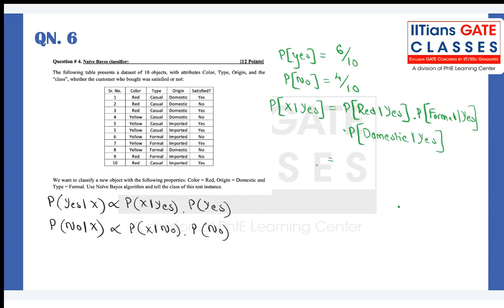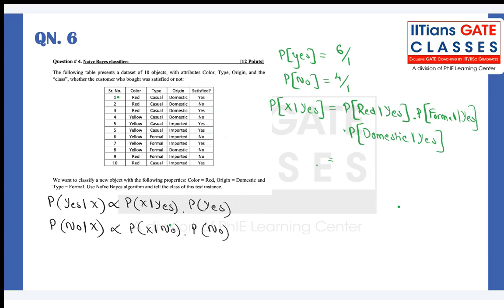Huh? 5 by 10 is low. 1 second. So there are 11 objects, no, there are 10 objects. 2, 3, 4, 5, 6. Oh, they have numbered it wrong. Okay, 5 is repeated. I think there are 11 objects.